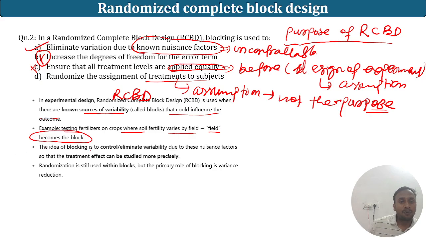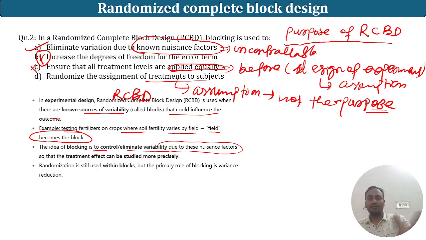So the idea of blocking is to control or eliminate the nuisance factor. Our idea is to check the variability for the fertilizer, not the soil type. But our idea is the fertilizer, not the soil type. So that's why we have to eliminate the soil variability.